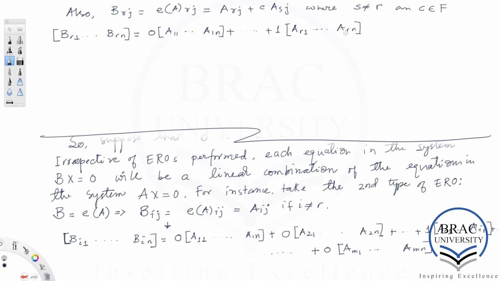This is the rth row of A, plus dot dot dot C times the sth row, AS1 all the way up to ASN, plus dot dot dot 0 times the mth row of A.